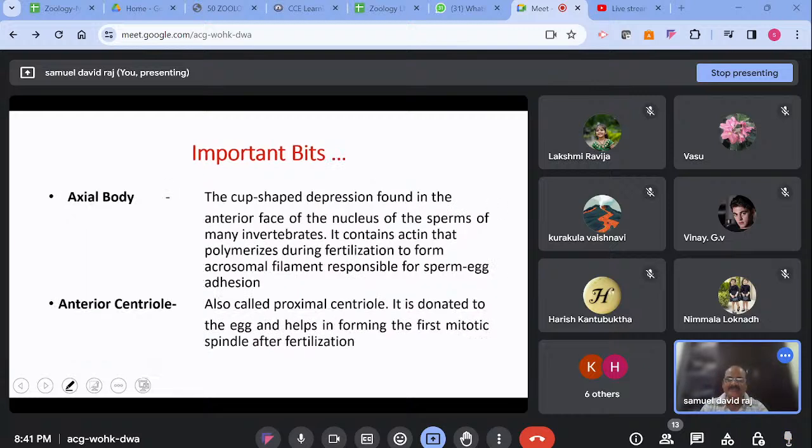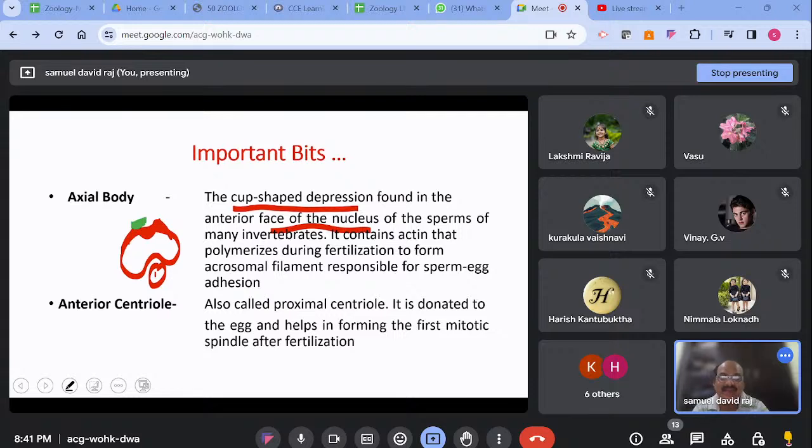In addition to this, there is an axial body. What is the axial body? It is a cup-shaped depression found in the anterior face of the nucleus. Generally, we have seen that there is a depression at the posterior end where the proximal centriole is present. But in many invertebrates, there is a cup-shaped depression in the anterior face of the nucleus, and this contains actin.